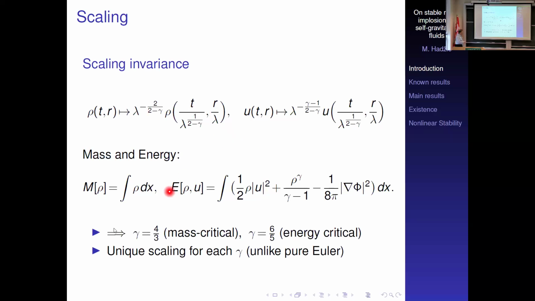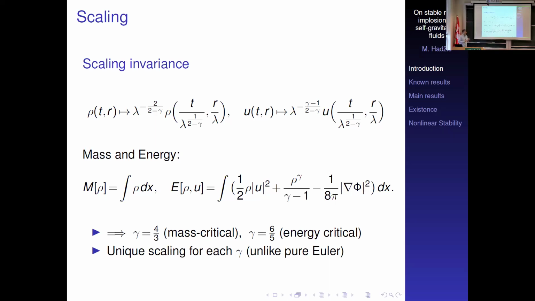When gamma is 4/3, the mass is preserved by the scaling, and when it's 6/5, the energy is preserved by the scaling, as you saw in the previous talk. And one thing perhaps worthwhile pointing out, unlike pure Euler, there's only one scaling. Once you fix a gamma, you have fixed the only invariant scaling in the problem.